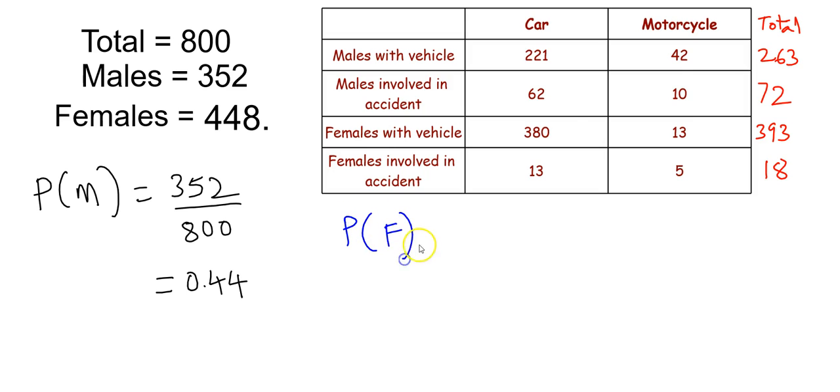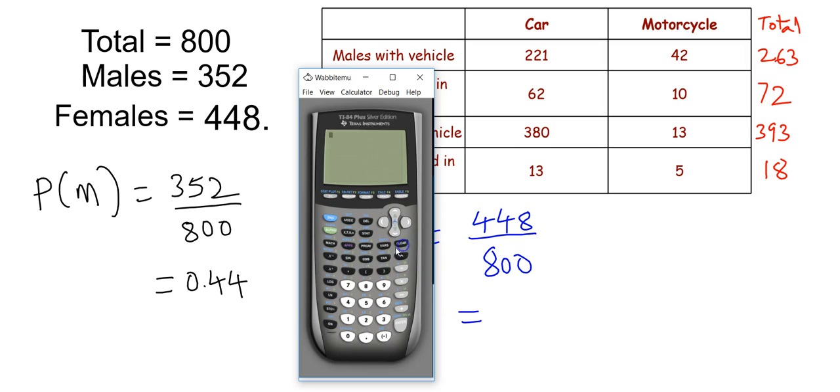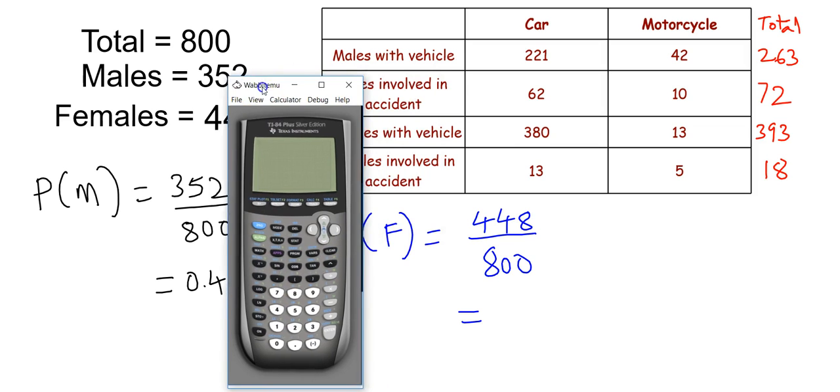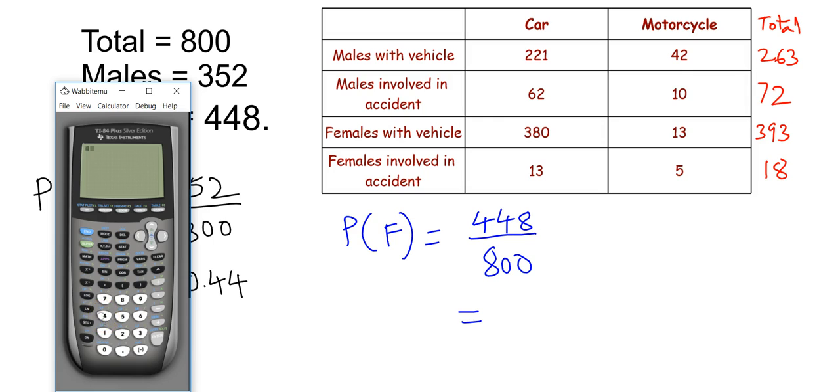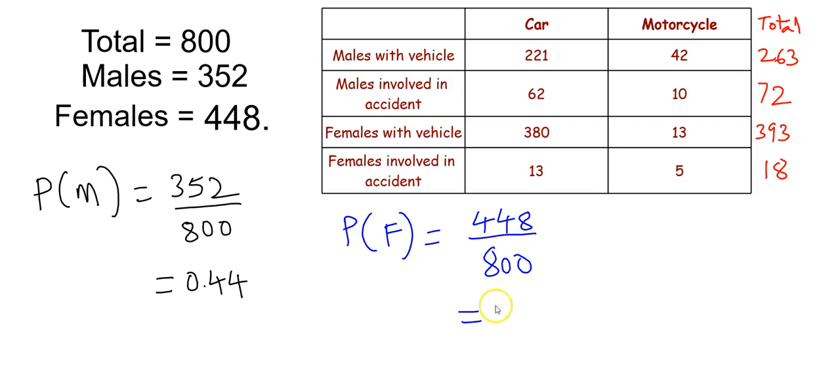Now probability of females is equal to 448 over 800, and that must be equal to 448 divided by 800, 0.56.